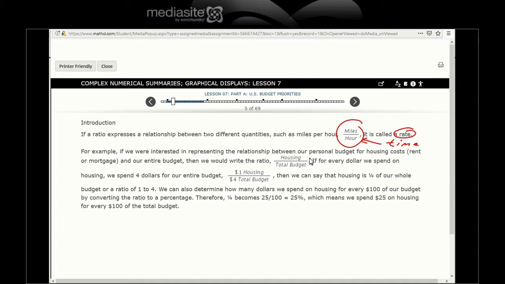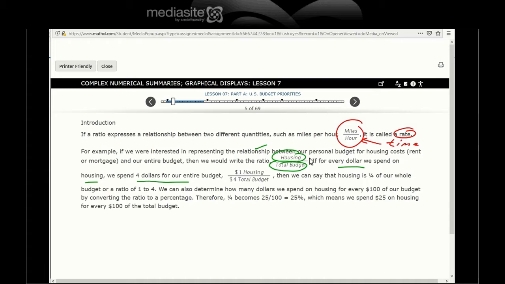For example, if we're interested in representing the relationship between our personal budget and housing cost, rent or mortgage, and our entire budget, we could write a ratio of housing cost versus total budget. So for every dollar we spend on housing, we spend $4 on our entire budget.